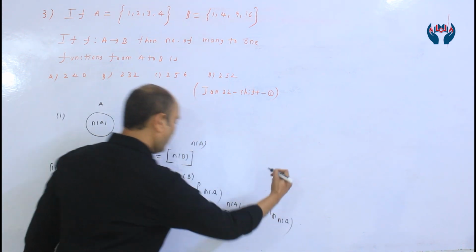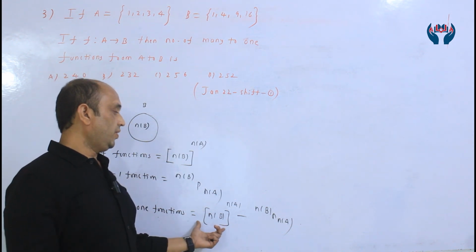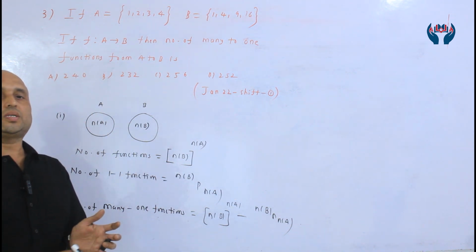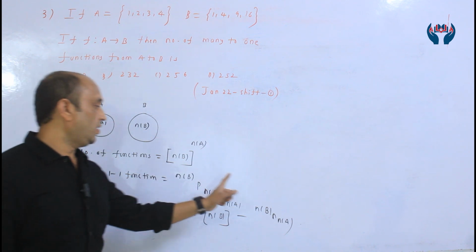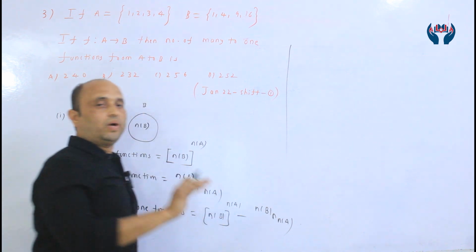So this is our required answer. n of b to the power of n of a is the total number of functions. From the total number of functions, just remove the one-one functions, and we get the many-to-one functions.